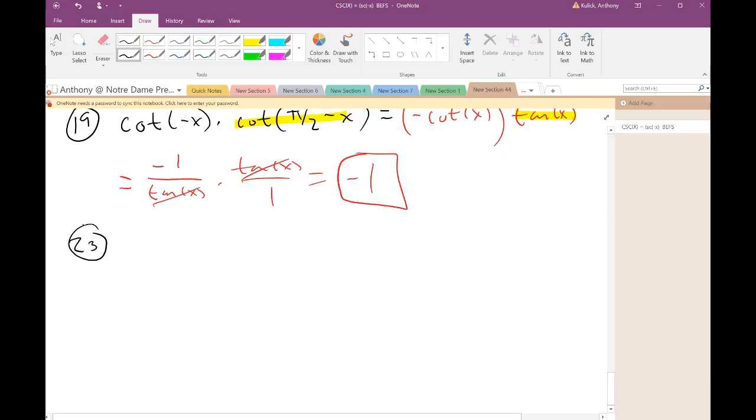Onward to 23. So here we have tangent of pi over 2 minus x times cosecant x all over cosecant squared x.